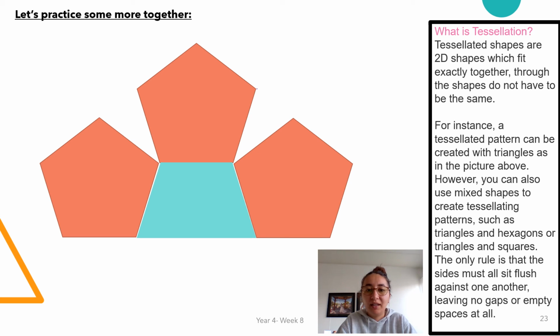If you have a look here, what I was going to do next is use a rhombus to fill in this space. So by using the rhombus, I'm creating a flush space.